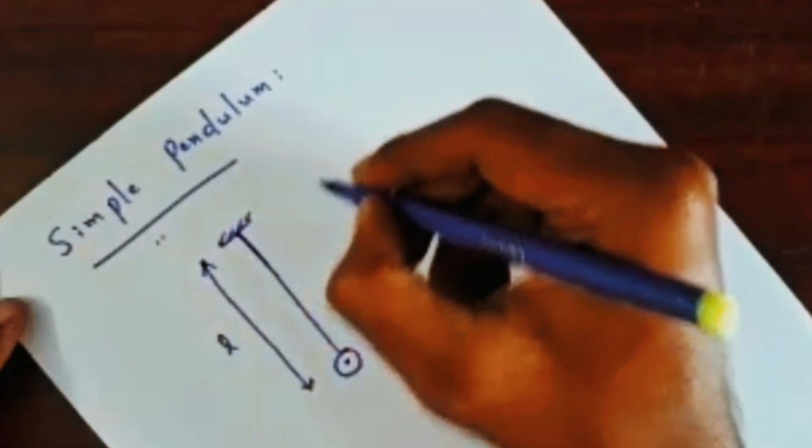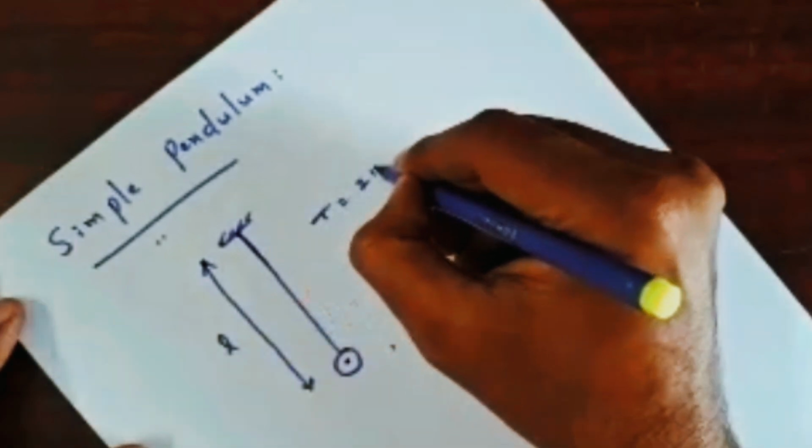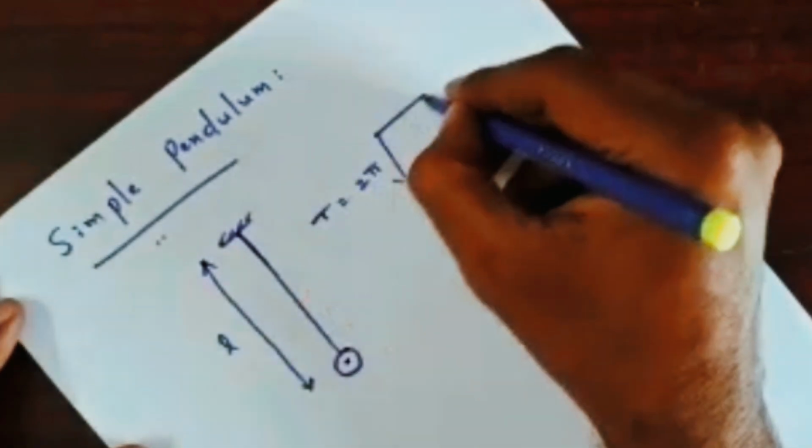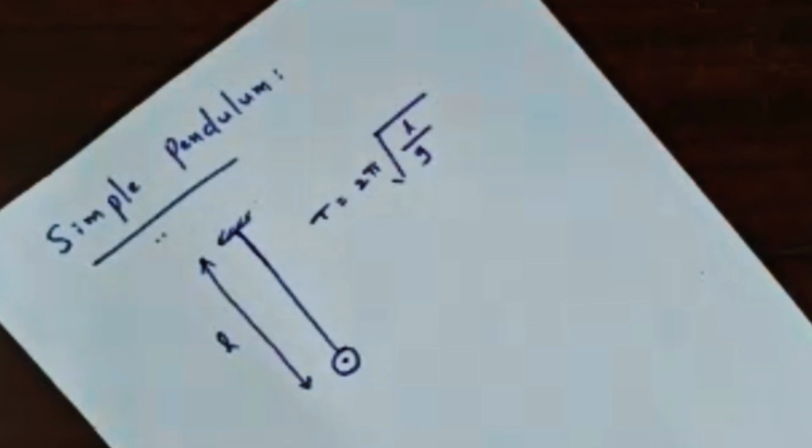Now, the time period of this pendulum is T equal to 2 pi root over L by g. Now, what is the meaning of time period?